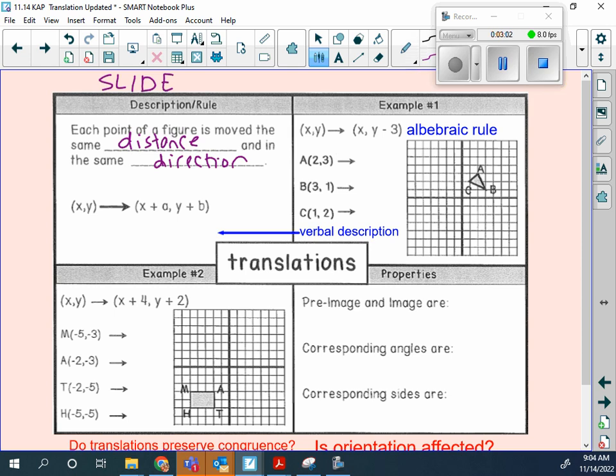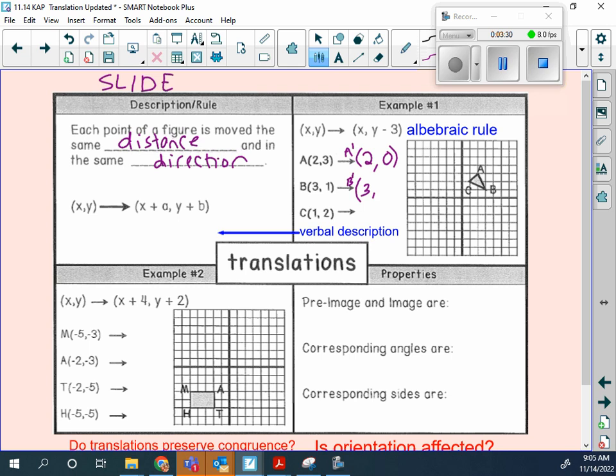So A, 2, 3. Looking at the algebraic rule, (x, y minus 3). Well, what do you think that means? Well, the x is going to what? Stay the same. And then what are we going to do with that? Subtract 3. So 3 minus 3 would be what? 0. Okay. Now let's do B prime.